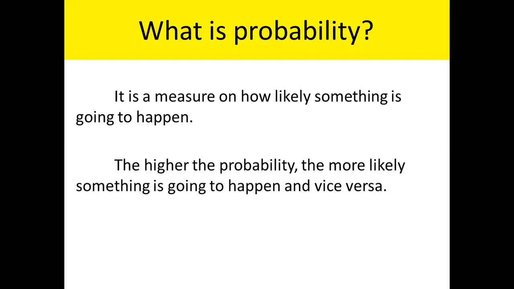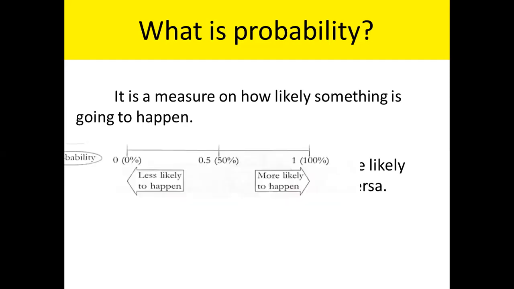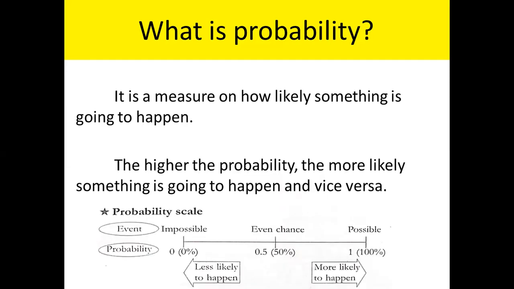So the higher the probability, the more likely something is going to happen. If the probability is lower, then there is also a lower chance that the event will happen. So it goes vice versa. For example, we put that into a probability scale.